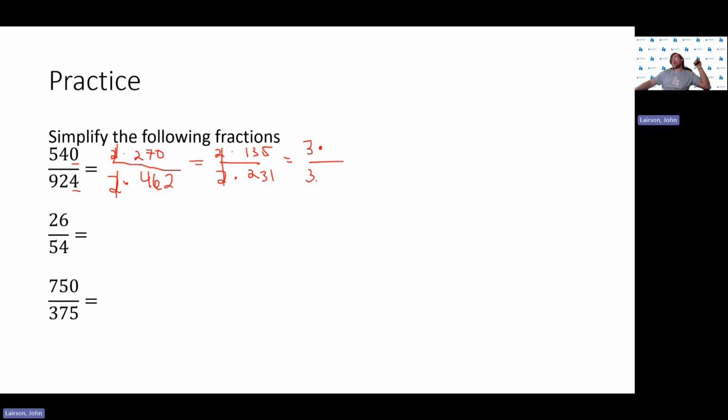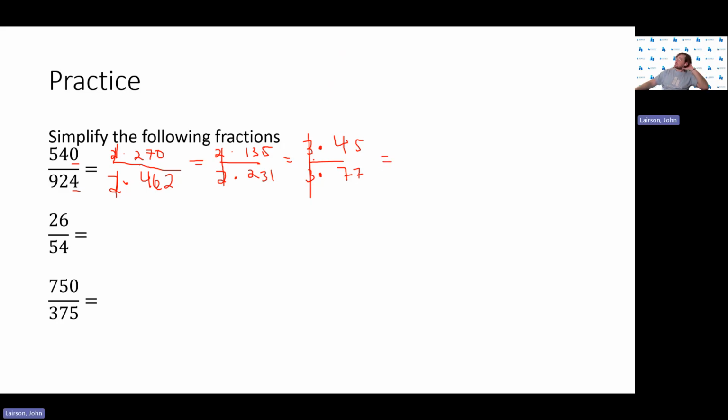So 3 is also a factor here. So 135 divided by 3 is 45. 231 divided by 3 is 77. Cross out the 3's.